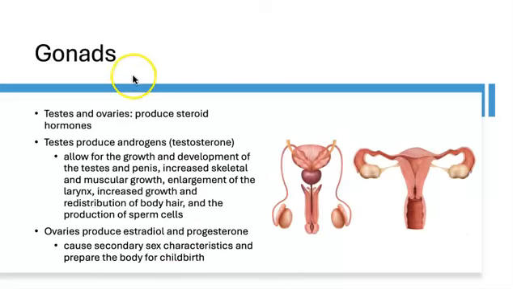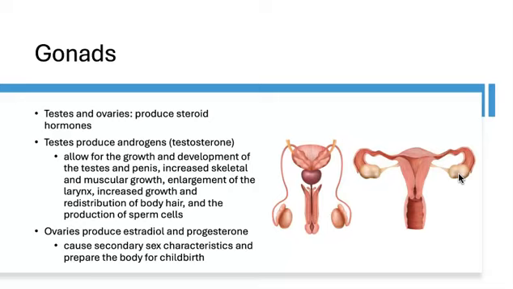Speaking of puberty, we have to talk about the gonads. So in those that were born with testes, we see them here. They would be within the scrotum, and ovaries would be found in the pelvis. And both of these are going to secrete steroid hormones, meaning they are lipid soluble.